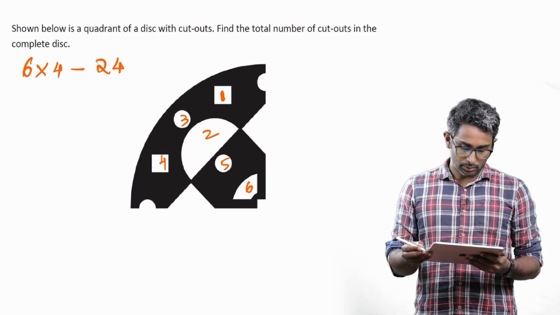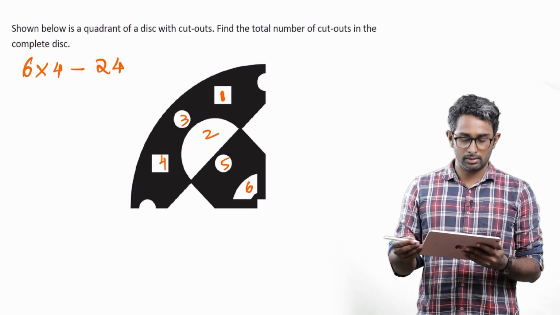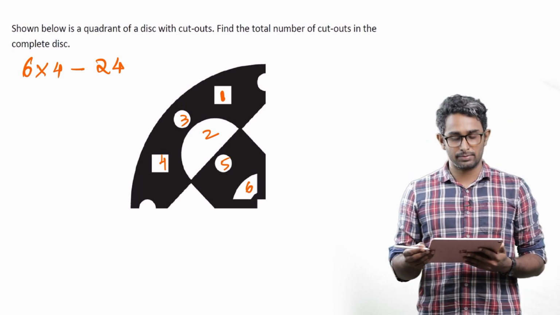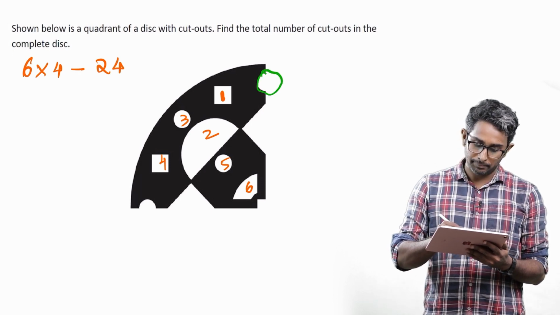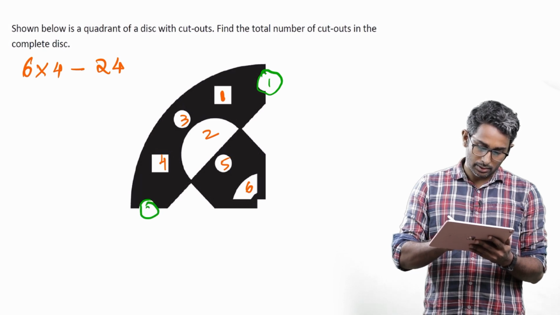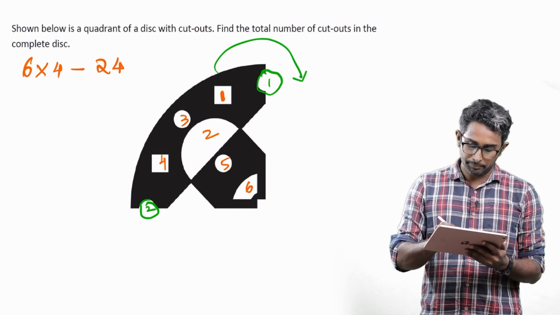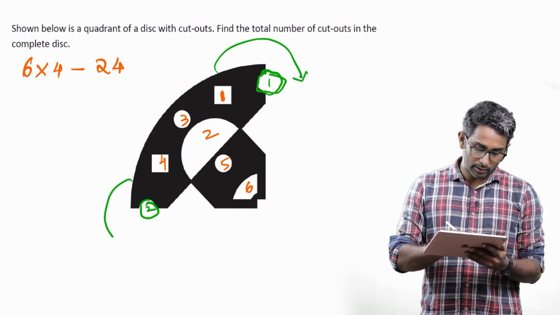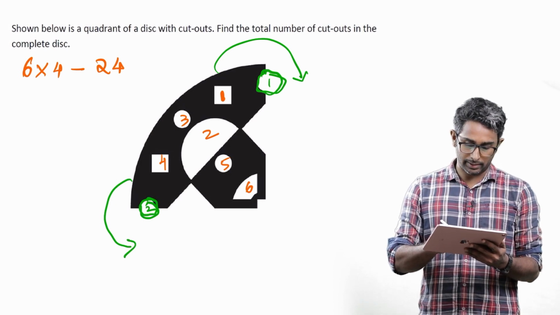Now we are going to count the total number of common cutouts. We will start with the circles first. I am marking this circle as 1 and this circle as 2. If the quadrant is placed here, we will have a circle here, and if one more quadrant is placed here, we will have this common circle over here.